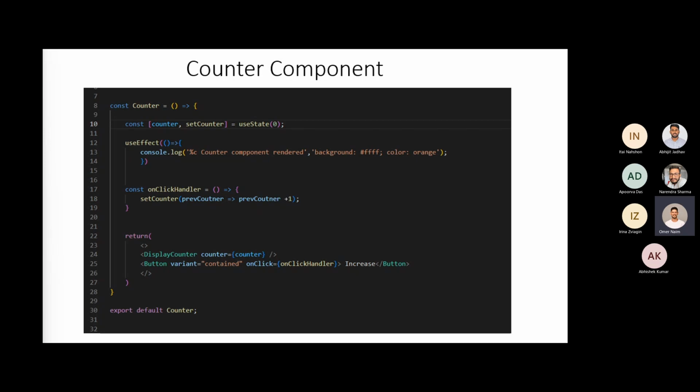In the JSX return, we have a display counter, which I will not display in this lecture, but basically display counter holds only text that says "counter equal to". That you will see in the next slide. And I have a button that I took from Material UI, just to put the onClick handler inside. When I click the button, it will increase the counter.